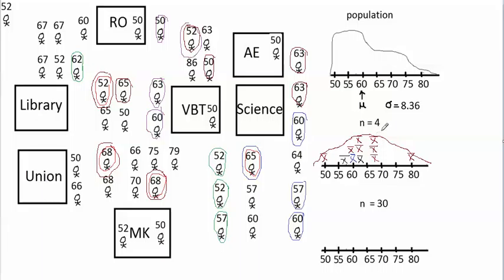Now, this sampling distribution is really just made up of a bunch of different values. It's just that each of those values is a sample mean. Each value in this distribution isn't the height of an individual person, it's the mean height of a possible sample that could be chosen.